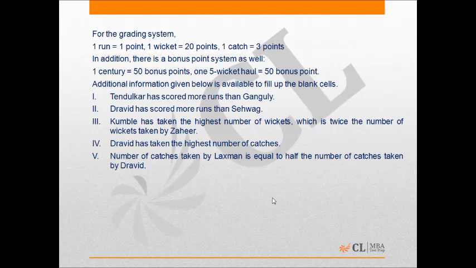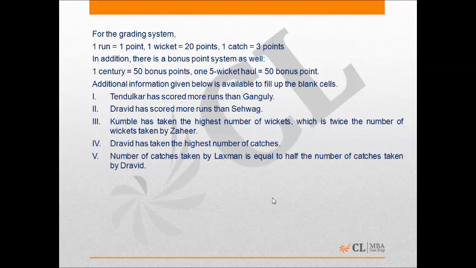Further, it is given that for the grading system, 1 run equals 1 point, 1 wicket equals 20 points, and so on. And some additional info is also given, and these are: Tendulkar has scored more than Ganguly.